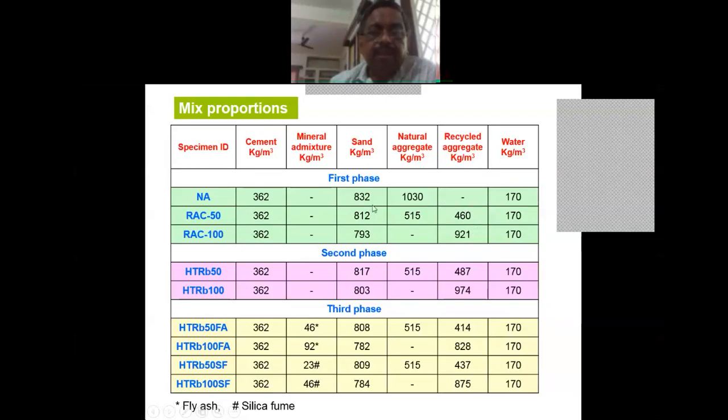So this is the first phase, where we have taken only the 50% replacement and 100% replacement. And in the second phase, we adopted the heating and rubbing technique, the treatment. So you can see that when it is 100%, it is 1030, whereas recycled aggregate 100% is 921, whereas treated 100% is 974, because its specific gravity has changed.